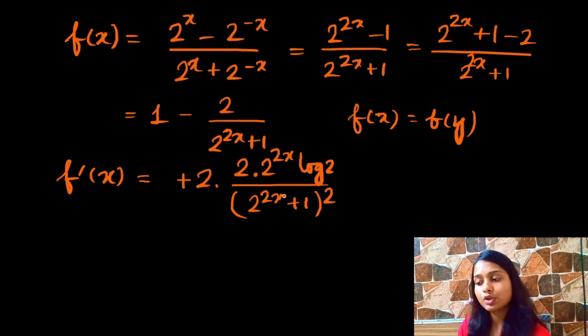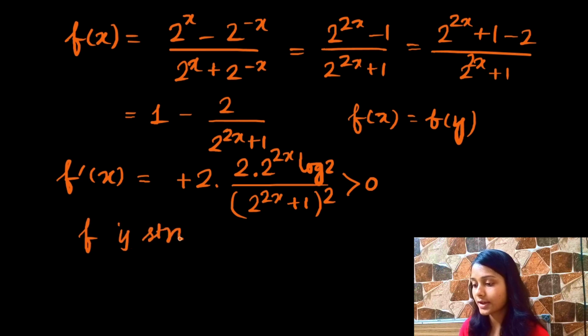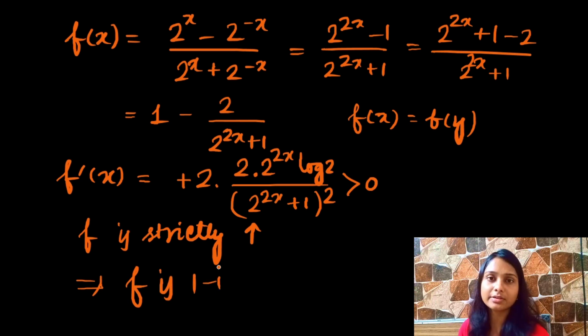So we can see that this term is always positive, and not only positive, it is strictly positive. So this means f is a strictly increasing function, which implies f is one-one, as strictly increasing or strictly decreasing functions are always one-one.